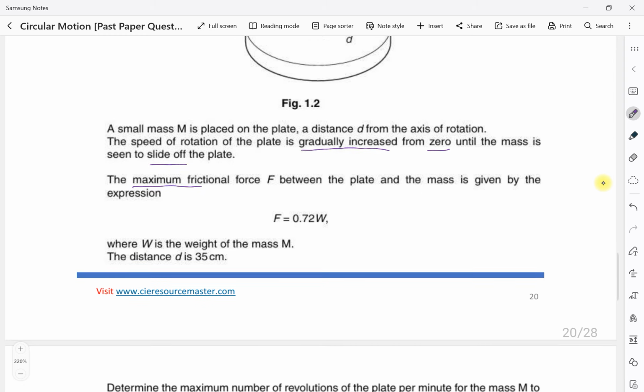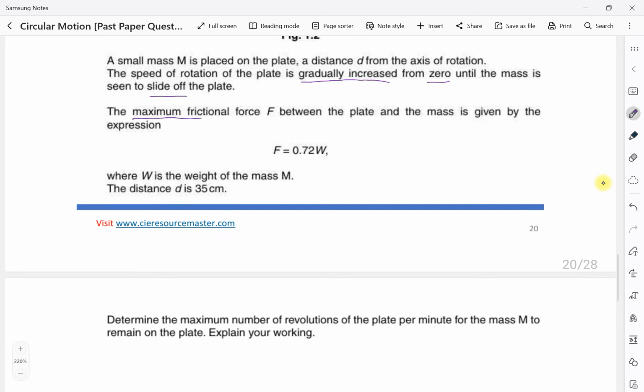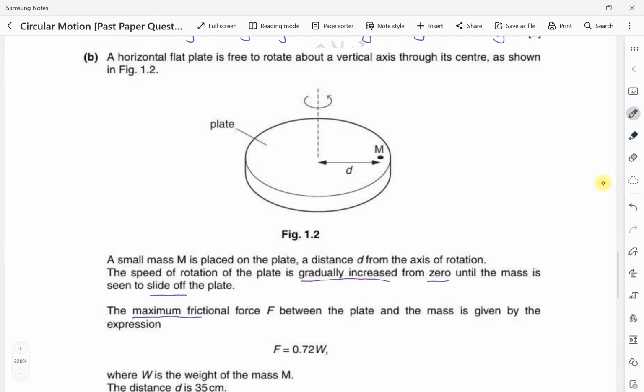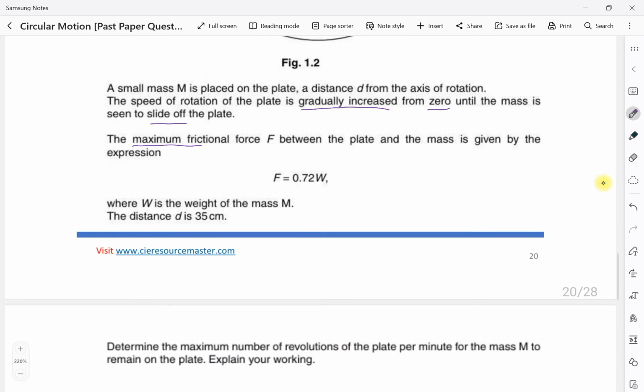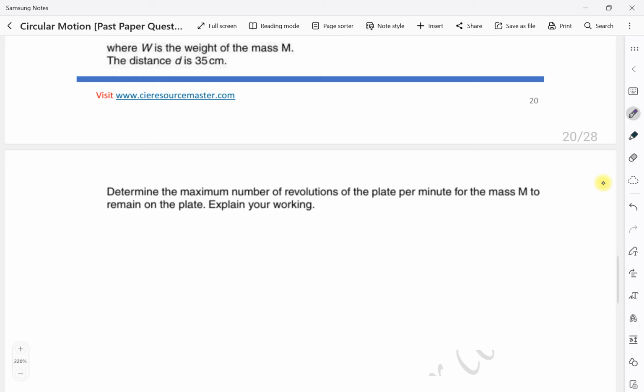F is 0.72 W, where W is the weight and m is the mass. The distance d is 35 centimeters, so that is the radius of orbit. Determine the maximum number of revolutions of the plate per minute for the mass m to remain on the plate. Explain your working.